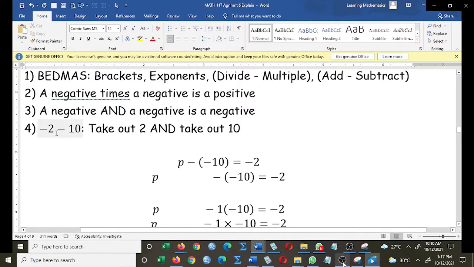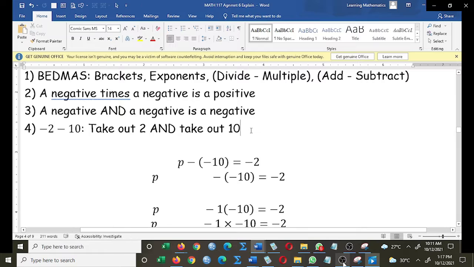When you see this, you see negative 2 subtract 10. Say negative 2 subtract 10, you're not really getting a feel as to what is really happening. So another way of saying it now, you take out 2. You can even put it there, look at it there. I'm going to copy it.